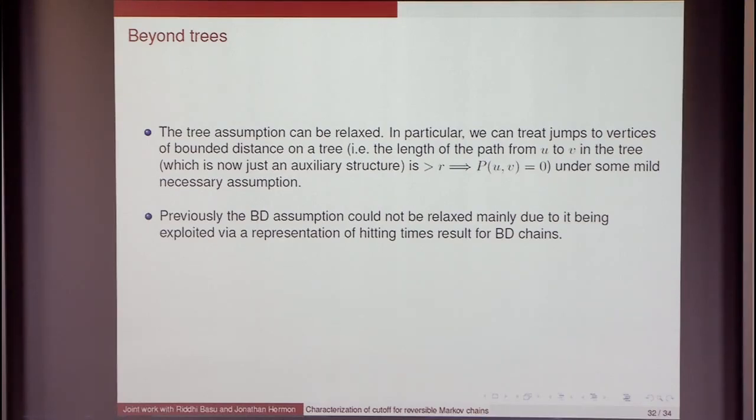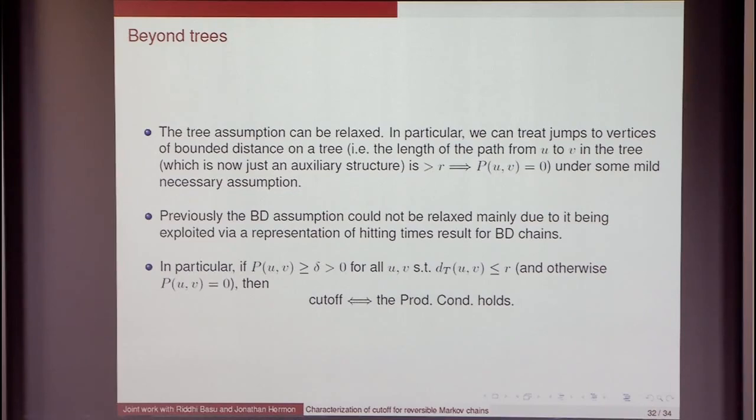This wasn't even known in the case of a one-dimensional chain. The methods before were so sensitive that they really depended on nearest neighbor. But now we know that if your jumps are bounded by r, and there's some lower bound on the transition probabilities within this distance, then you have cutoff when you have the product condition.